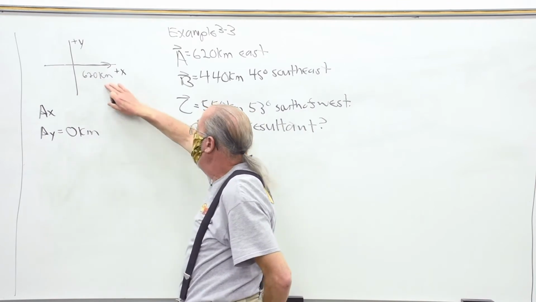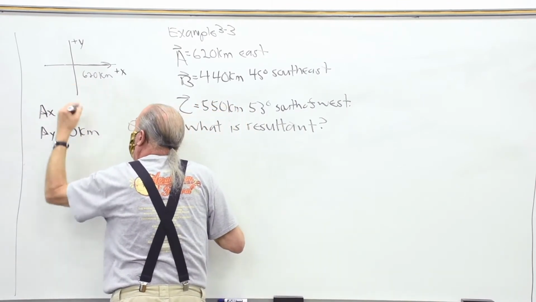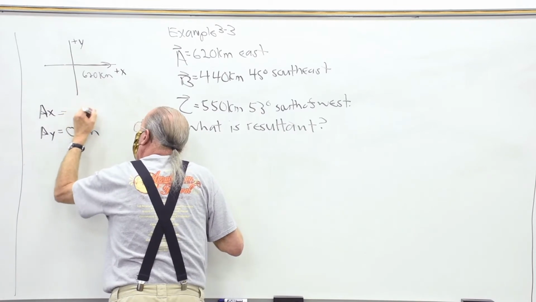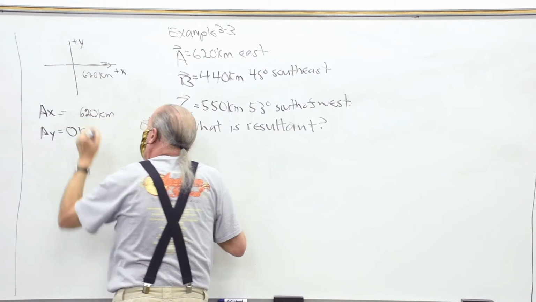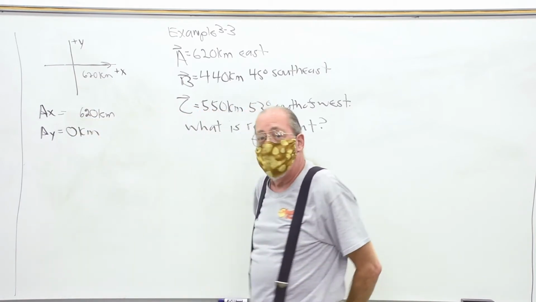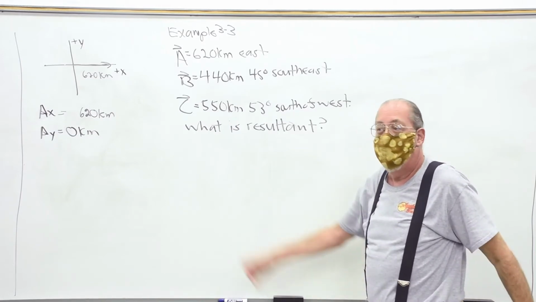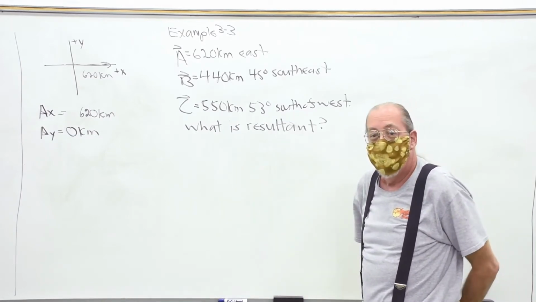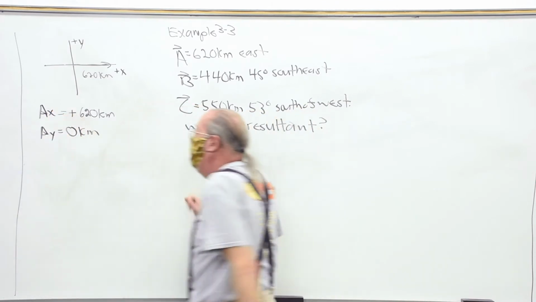Furthermore, the other component is the magnitude of the vector with a possible negative sign. Now, since that's pointing in the positive x direction, is it positive or negative? It's plus. By inspection, it's plus.